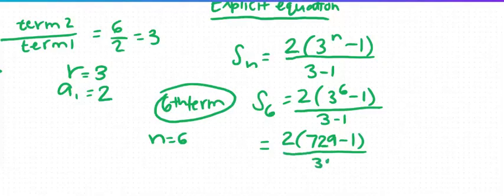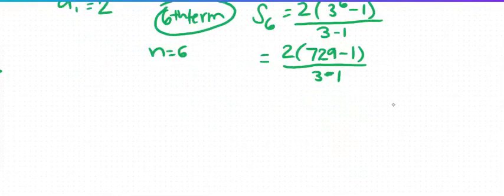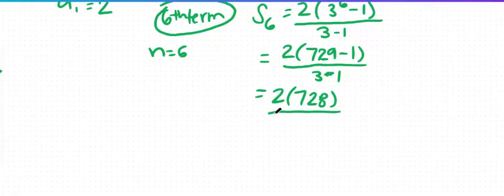So I have 2 times 728 over, and I'm going to do this subtraction too, 3 minus 1 is 2.